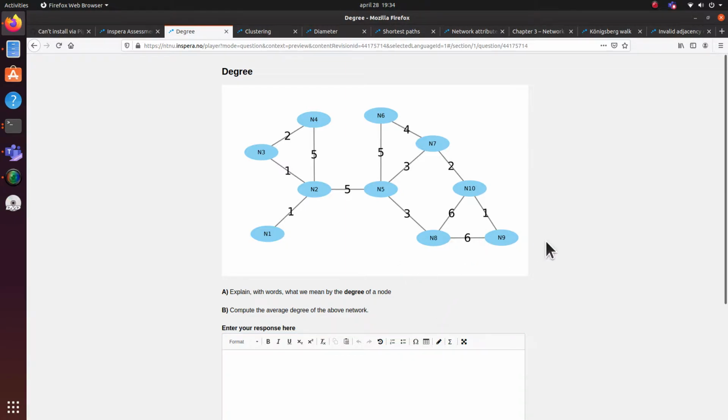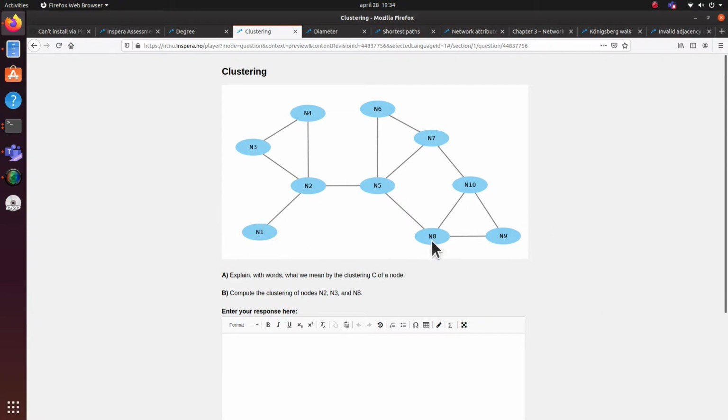And so the average degree is 2 times the number of edges divided by the number of nodes, which equals 2 times 13 divided by 10 equals 26 divided by 10 equals 2.6, which is the average degree of this little network. Okay, let us go on to the next question.